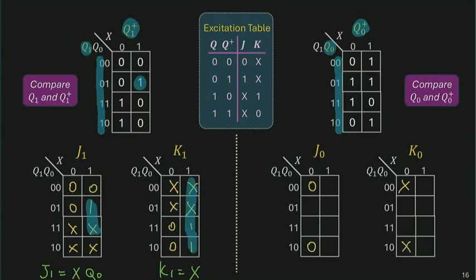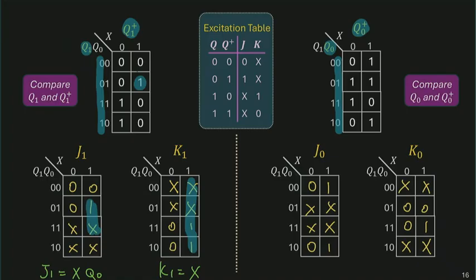Top and bottom row share the same condition on Q0. And 0 to 1 can be done by 1x, so 1, 1, xx. In the middle, Q0 is 1, and 1 to 1 is x0. 1 to 0 is x1.